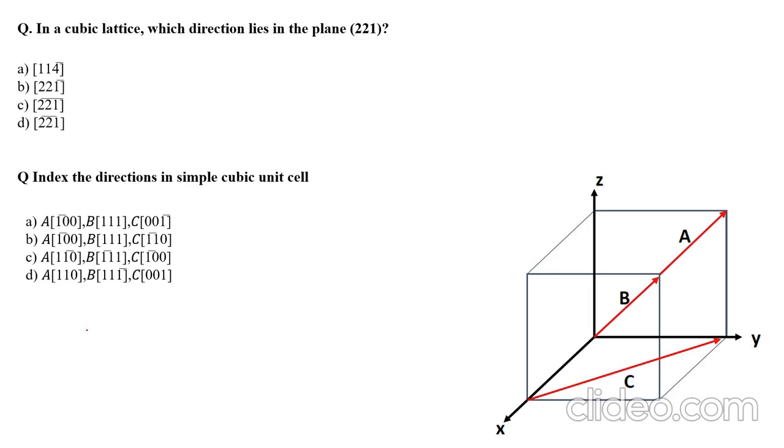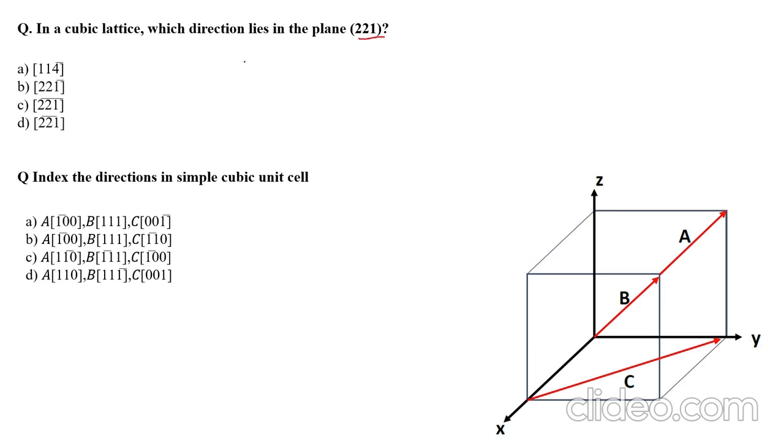So next I want you to do the next question. You have to say that in a cubic lattice, which direction lies in the plane 2 2 1. So you are given a plane 2 2 1 and you have to say which of these directions will be present in this plane.